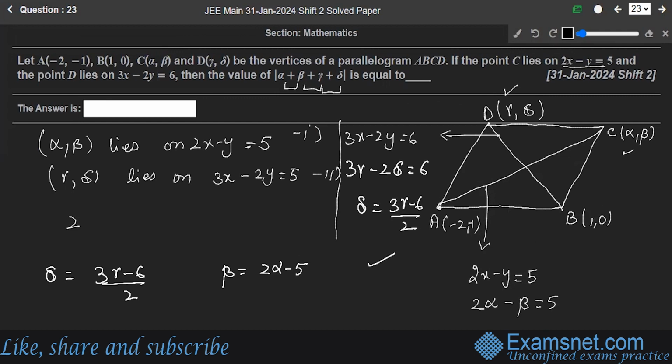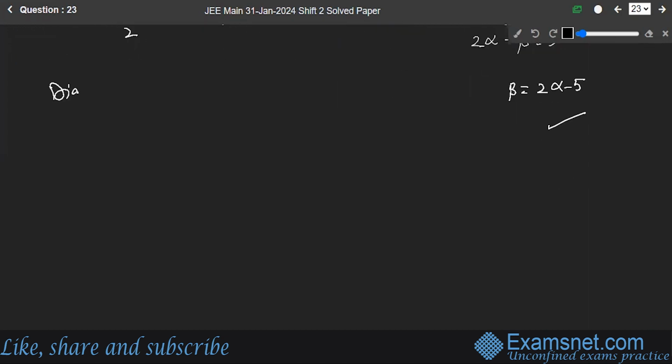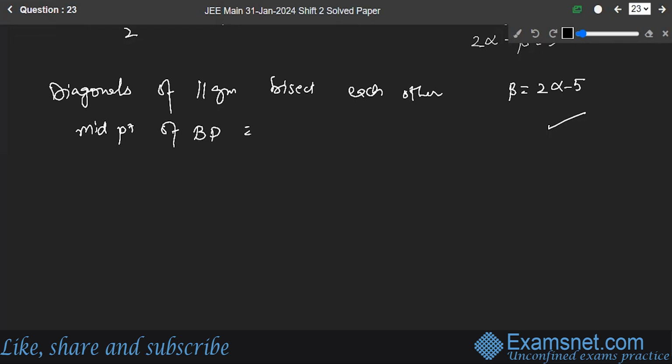Now, you know one thing, the property: diagonals of the parallelogram bisect each other. That means the midpoint of BD is equal to midpoint of AC, or CA, right?